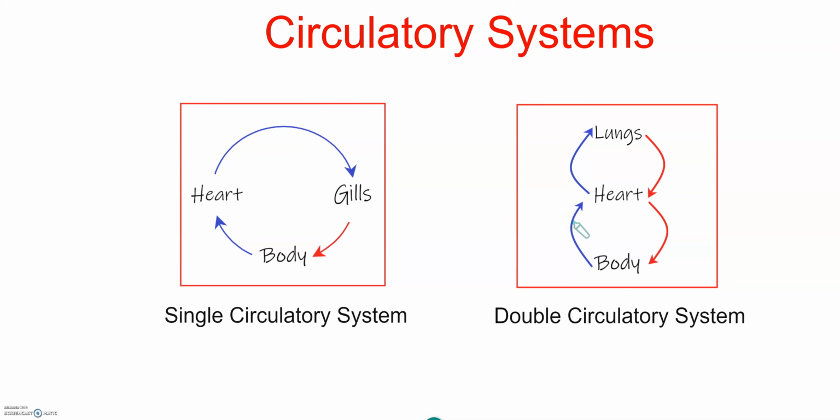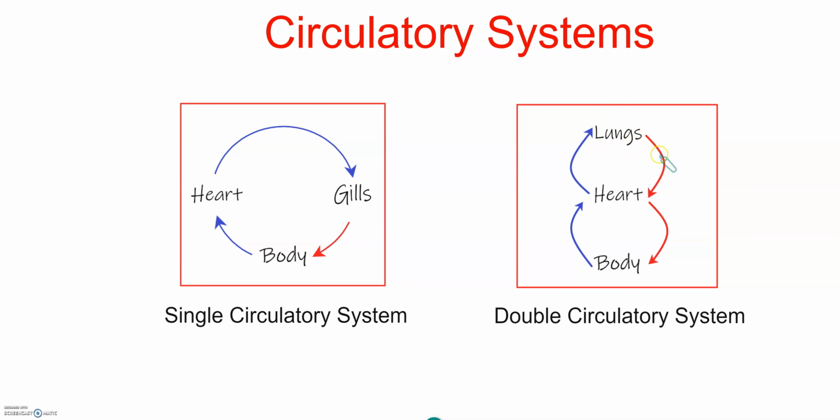As I mentioned earlier, in the double circulatory system, the blood passes through the heart twice in each cycle. Humans and mammals have a double circulatory system. Now, the heart pumps deoxygenated blood to the lungs, that is blood that does not contain any oxygen. And at the lungs, the blood will take in oxygen.